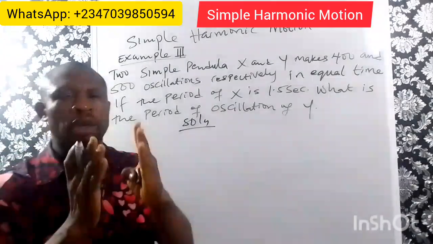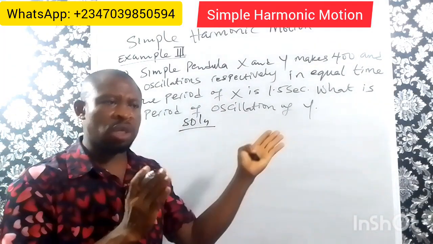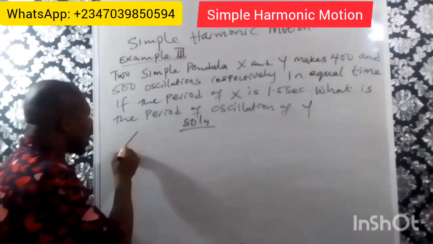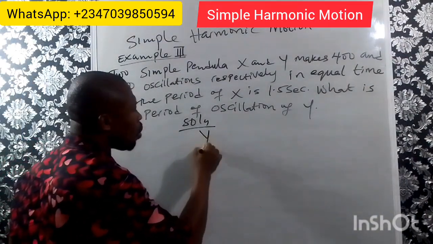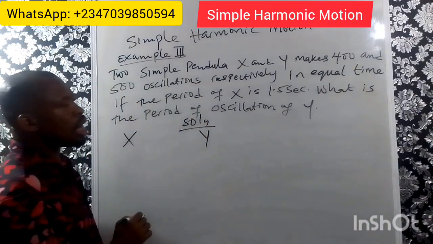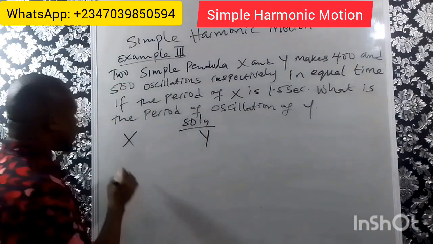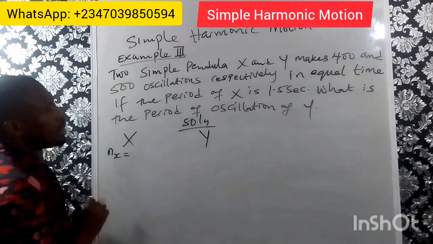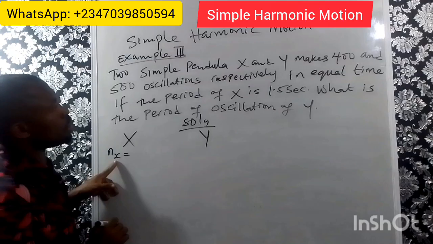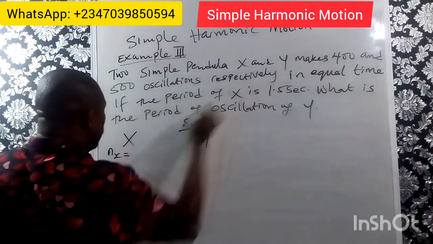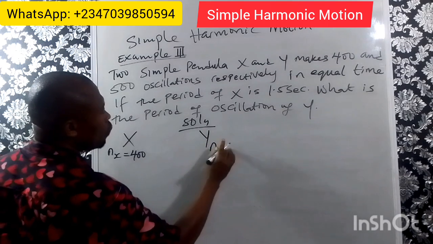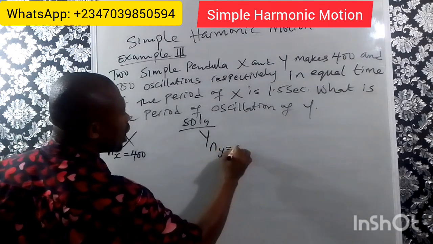You need to be careful with this question. Here, there are two pendula: pendulum X and pendulum Y. The number of oscillations for X, we can use NX to represent it, is that first value there, 400, while the number of oscillations for Y is 500.